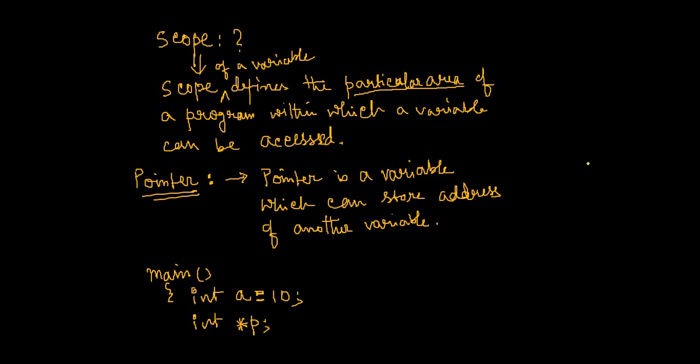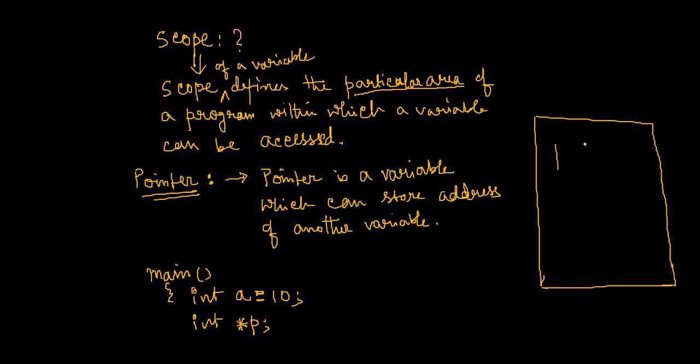What I mean is, if I consider this is the whole memory space in my computer, and somewhere here, this A has been declared. Suppose its address is 100 and its content is 10, as I have written over here. And also I have defined one more variable, that is P, which is acting as a pointer, and whose address may be say 200.